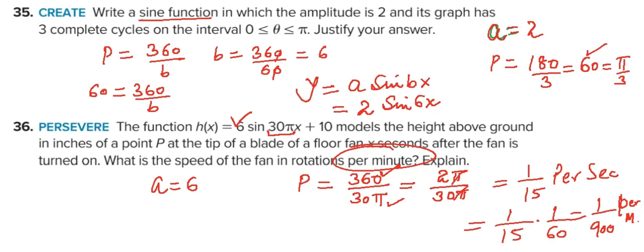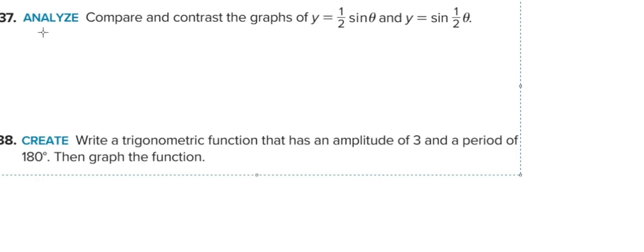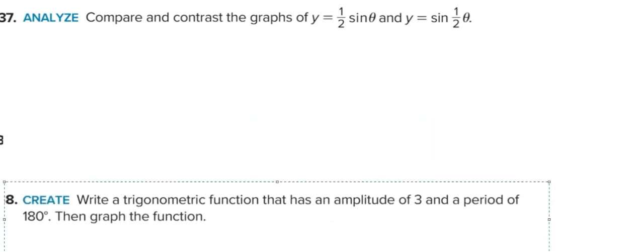Now let me move to question number 37. Now look at 37 and 38. Let me delete this. Here they are saying compare these two graphs. That is very easy.